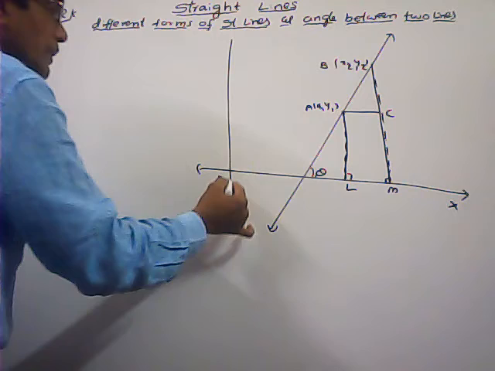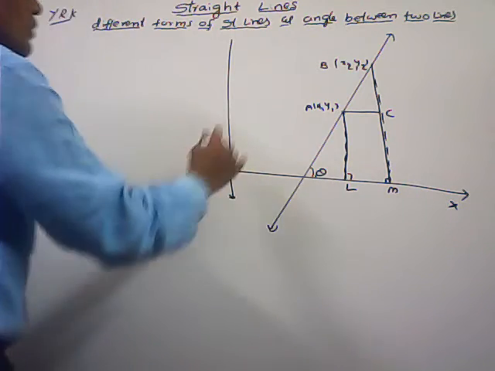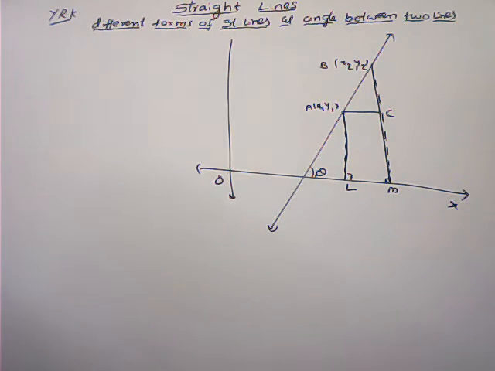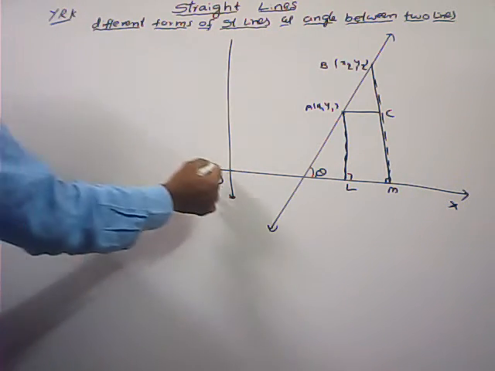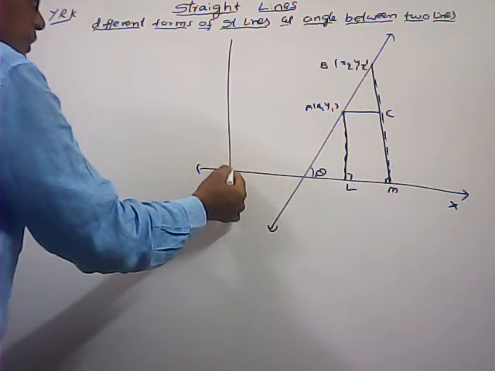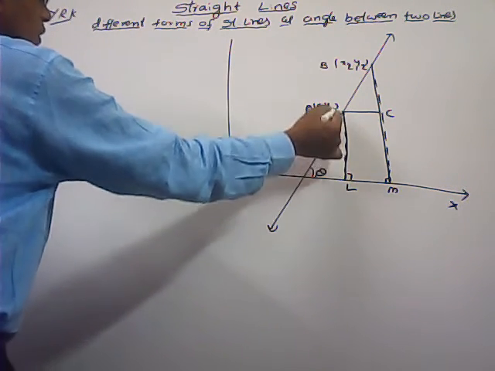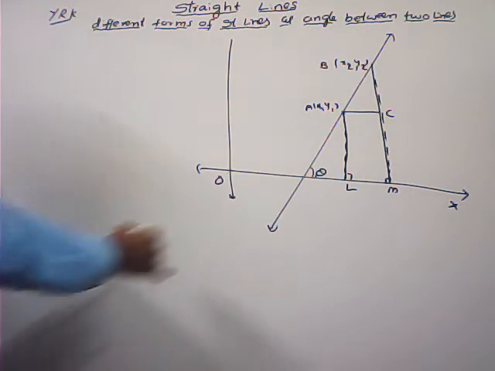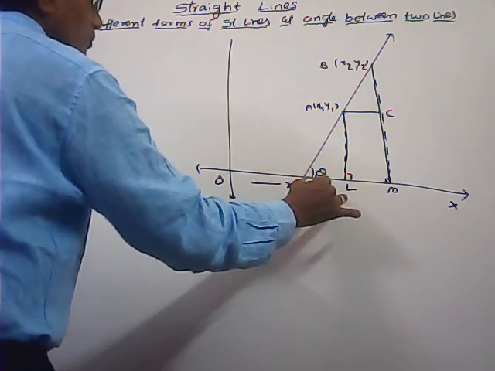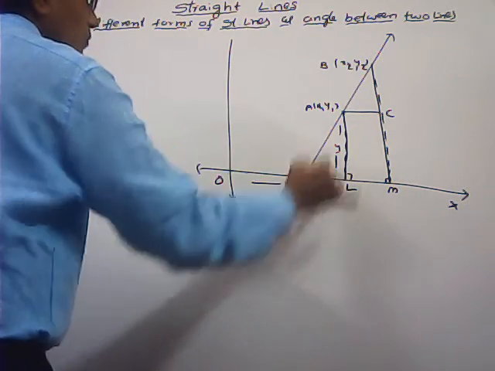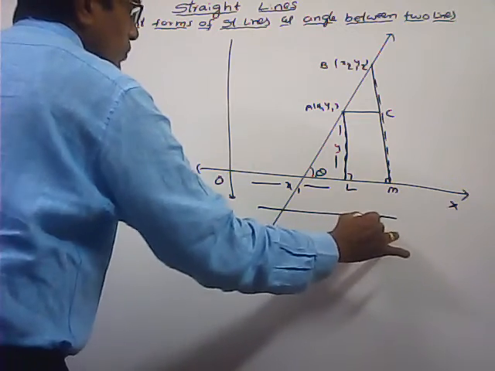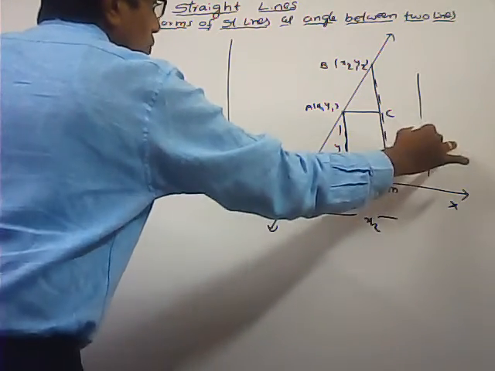Here what is the distance from origin to this point? Whenever we are plotting the point x1, y1, origin is the starting point. In the positive direction of x-axis we move x1 units, and from there in the vertical direction y1 units. So this length is x1 and this length is y1. This length is x2, and the total length is y2.